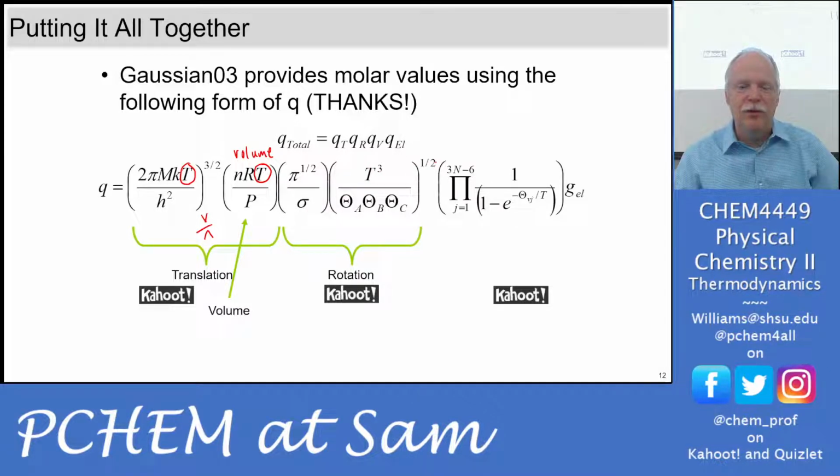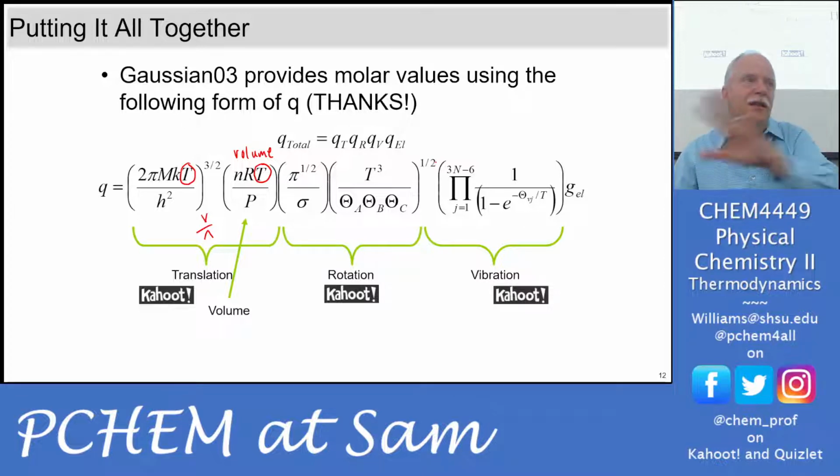That's pretty cool. The three rotational temperatures for A, B, and C. If it's a linear molecule, it will just have B and C. Okay. And then the vibrational piece, the product of every 3n-6 vibration. And then that electronic piece, the degeneracy of the ground state.